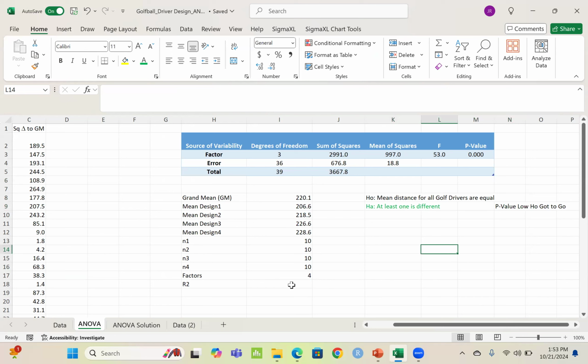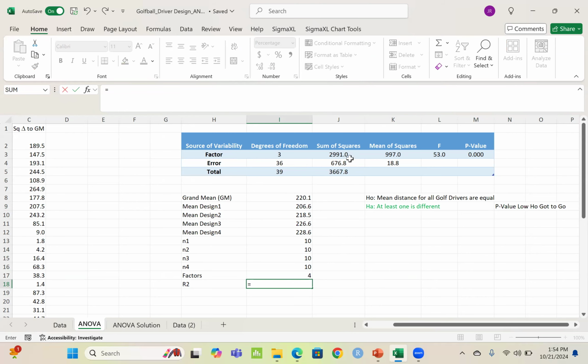The last thing I want to show you before I end the video is that from the ANOVA table, we can calculate a very important component. Basically, it's going to tell us how much variation is explained by the level of the factors. To calculate that, we're going to basically take the sum square of the factor and divide it by the total.